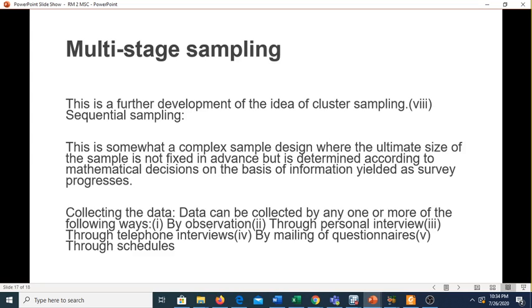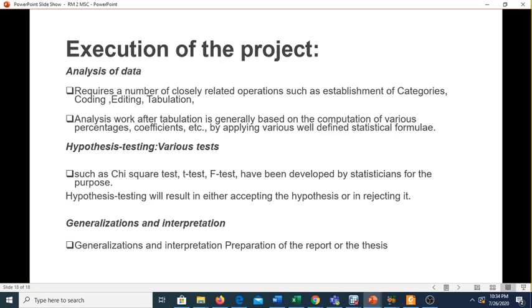So I will not go into detail of this particular part. Now let's look at executing a project. When executing a project, there are a number of steps that must be followed. The first one is analysis of data. The second one is hypothesis testing after data has been analyzed, and thereafter you create what is called a generalization and interpretation.